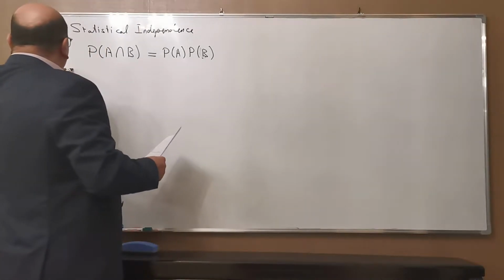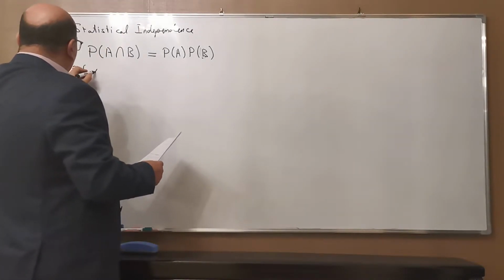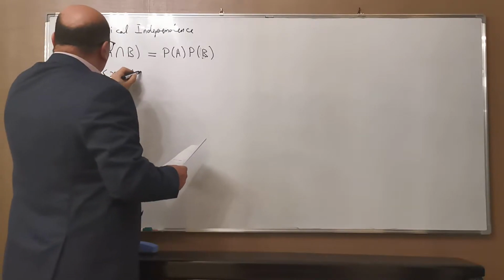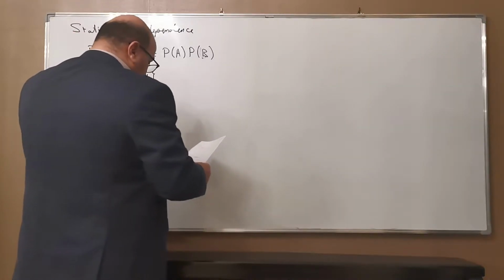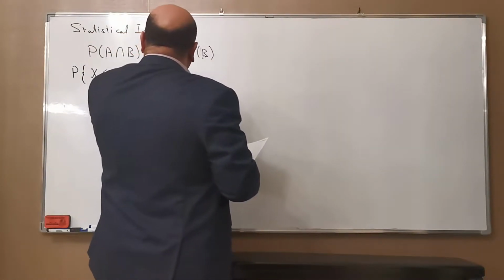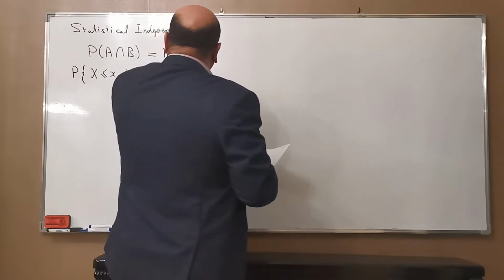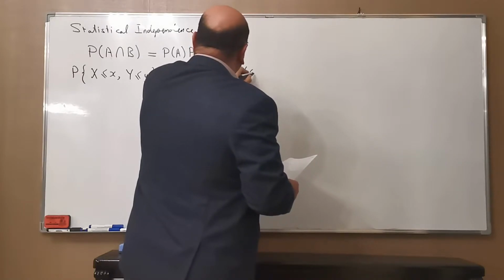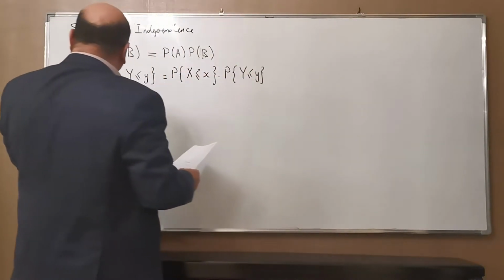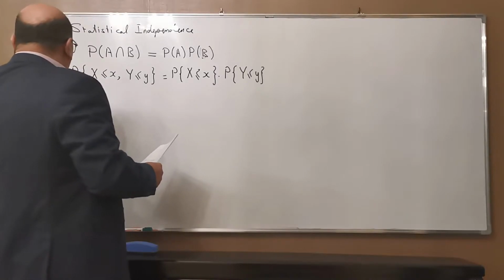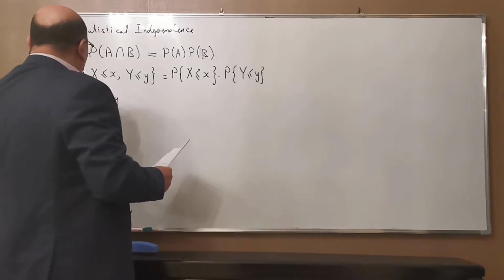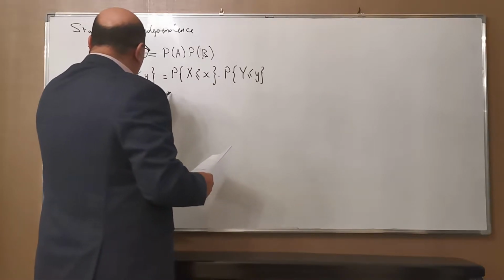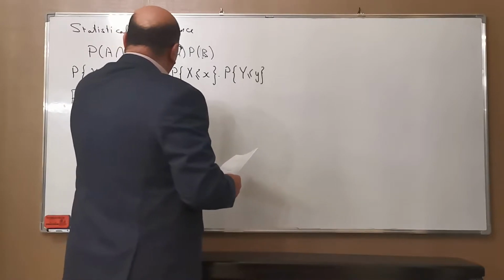So if we assume the event A is x less than or equal to small x and the event B is y less than or equal to small y, then this equals the probability of x less than or equal to small x times the probability of y less than or equal to small y, which means that the joint distribution of x and y is equal to the marginals, Fx of x times Fy of y.